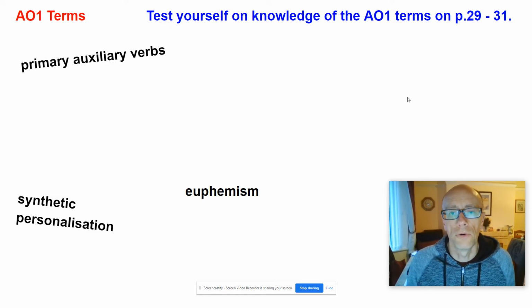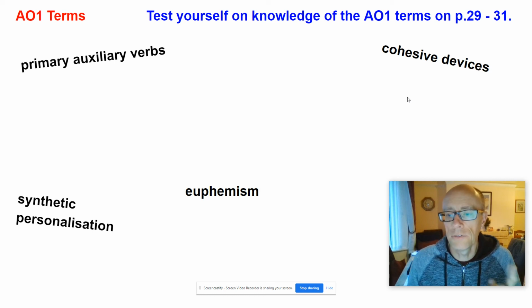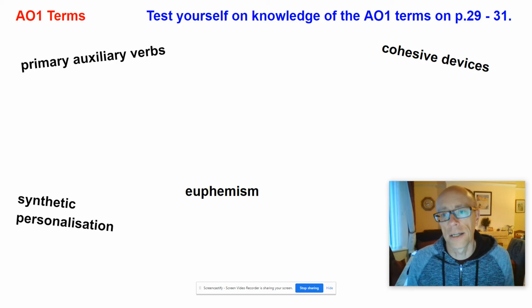Okay, term number 4. Cohesive devices. And now I will talk to you about cohesive devices. So the bit I just said there, and now I will talk to you about, that is a cohesive device, because a cohesive device is a chunk of language that basically connects up one bit of language to the next bit.